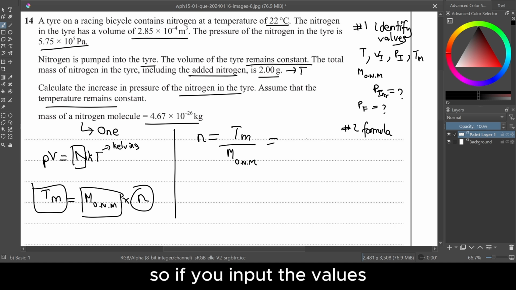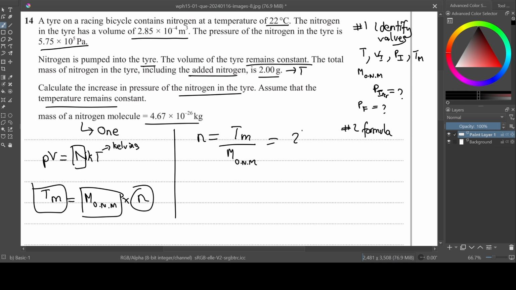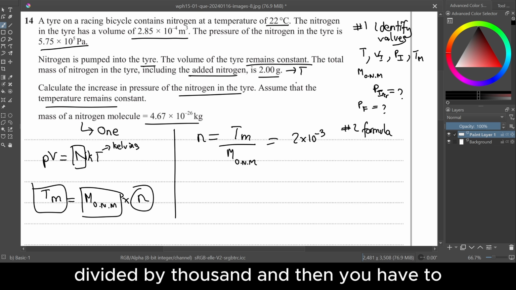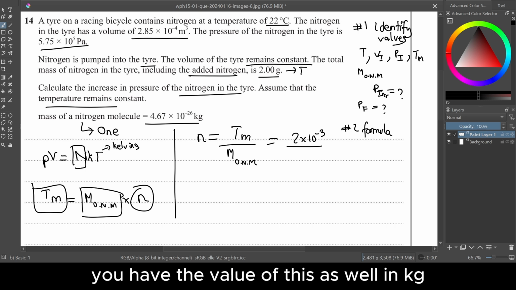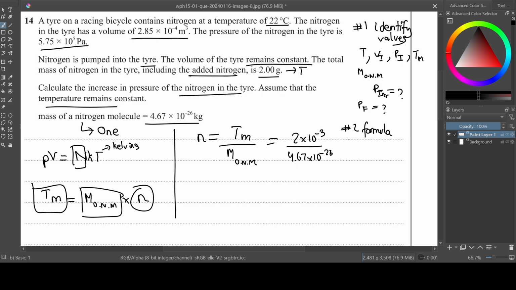Okay. So if you input the values, the total mass is 2, and make sure to convert it into kilograms, right? The SI unit is kg for mass. So times 10 raised to power minus 3, basically divided by 1000. And then you have the value of this as well in kg, 4.67 times 10 raised to power minus 26.